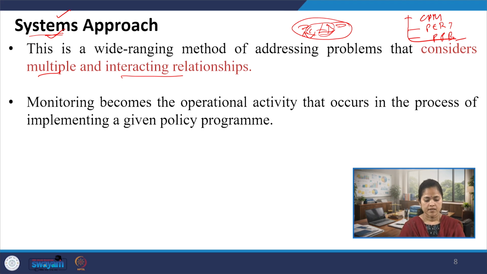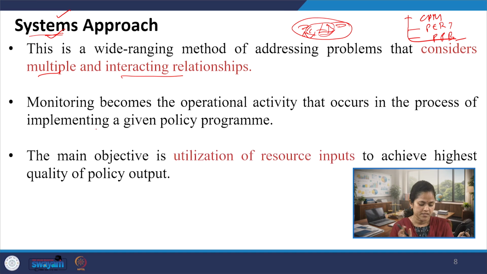Monitoring becomes an operational activity that can occur in the process of implementing a particular policy or program. The main objective of this system approach is how best the resource inputs can be utilized to achieve the best result or best policy output.